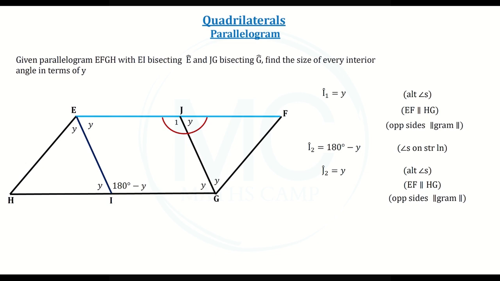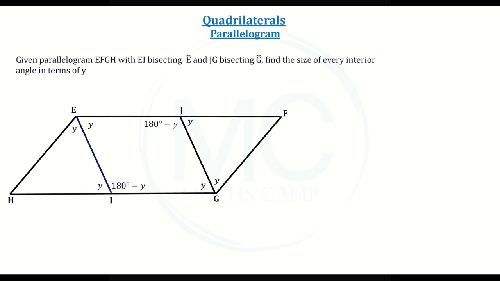So we can see that angle J1 must be equal to 180 degrees minus the y we've just found. And we know that this is true because these are angles on a straight line. Now we can take out our red arc. Let's take out angle J1 and write down 180 degrees minus y. Now let's make some space and make our diagram black again.